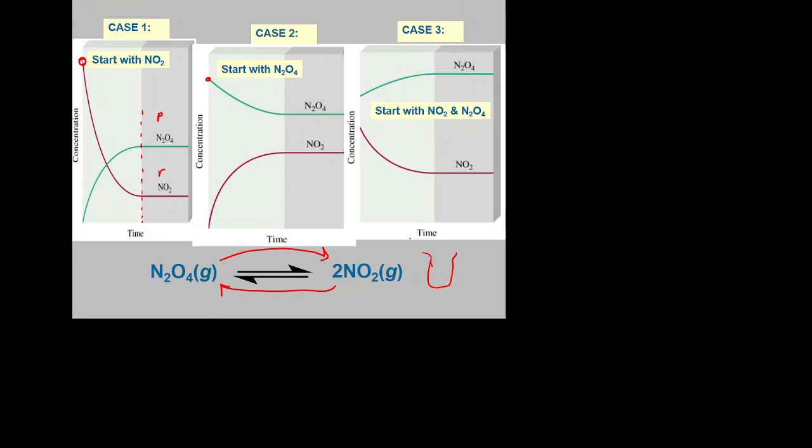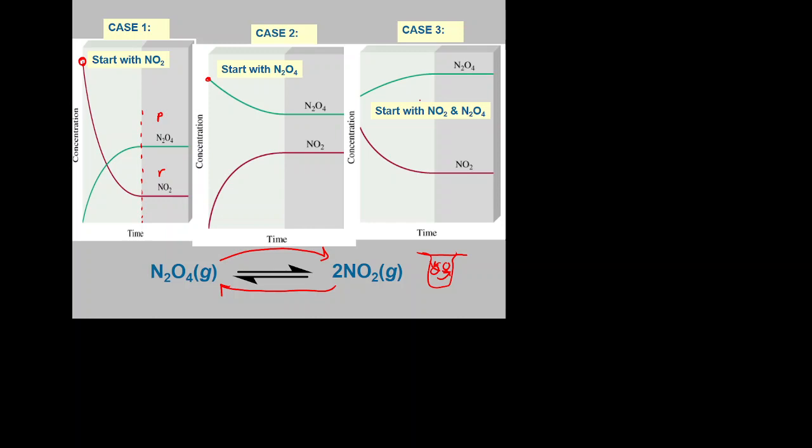So in the closed beaker, we already have the two gases, and the two gases will start changing to each other. The gradient, you should draw a bit linear, meaning not too much gradient.